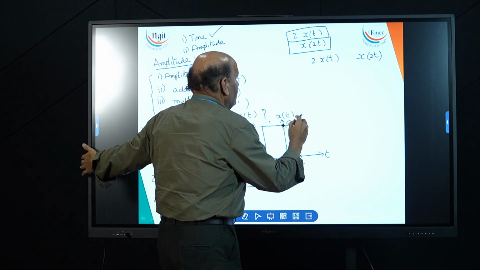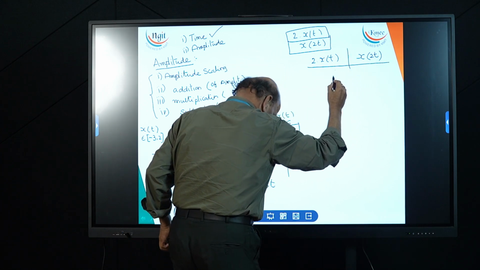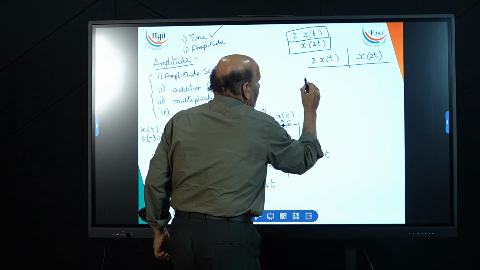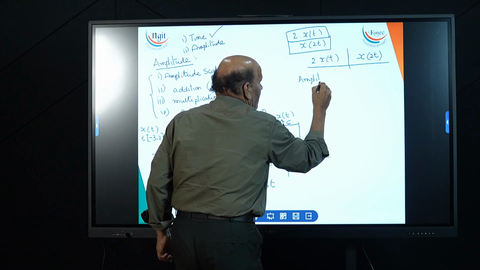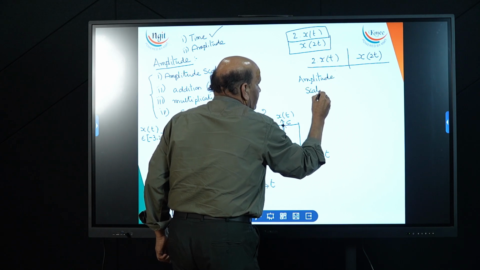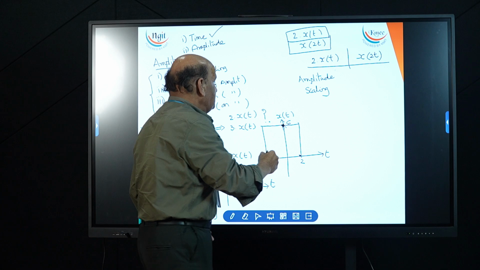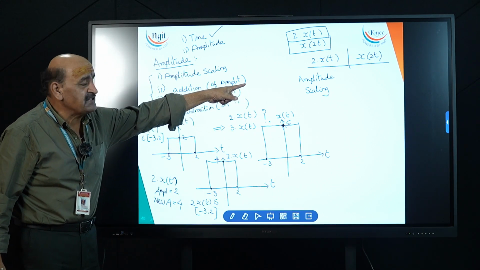What is the difference? Just look here, what we discussed, this is called amplitude scaling. All these cases come under the concept of amplitude scaling.